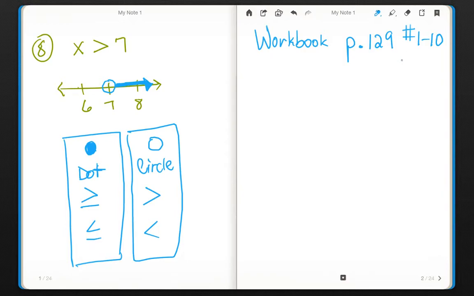And you can do it right in the workbook. After everyone's done, you can pause the video, and then we'll start it back up and check it. I'll have the answers here, and you can check them. And once you get them right and corrected, you should have time to start on your homework.